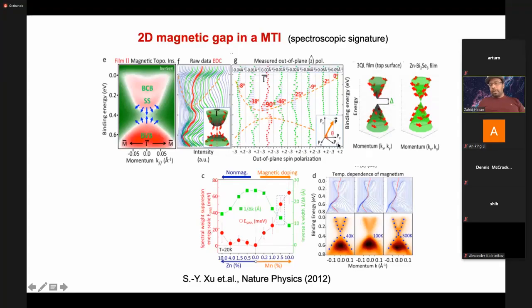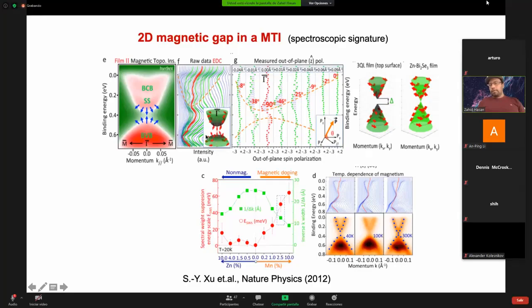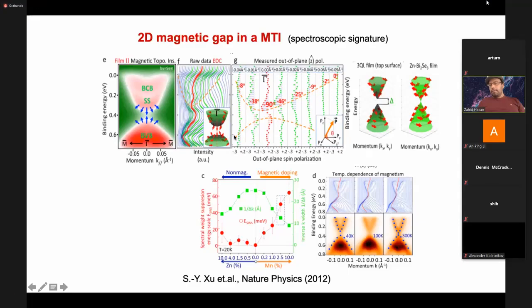So then there are various possibilities. Only a true magnetic gap will have this type of hedgehog spin texture. In other words, if you place your Fermi level here, then you should see a spin polarized Fermi surface, and this gap should be closing as you raise temperature.